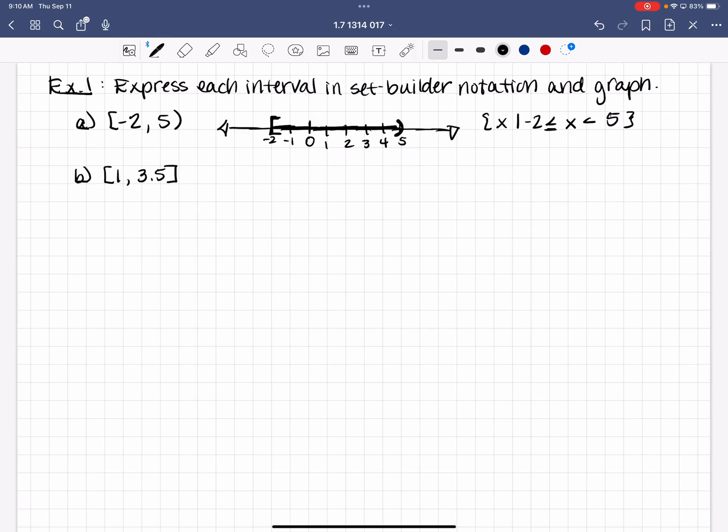We've got bracket, 1, comma, 3.5, close bracket. Okay, I'm going to graph it first because that is typically easier. Here's 0, 1, 2, 3, and there's 4. I'll just list through 4.